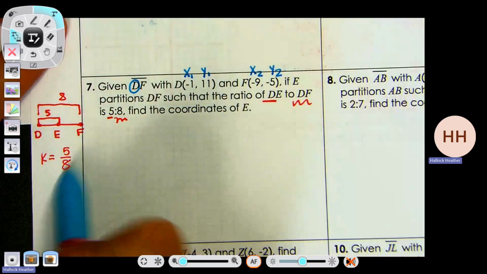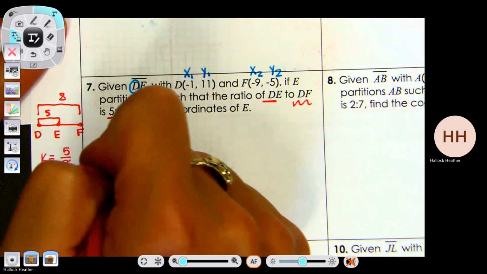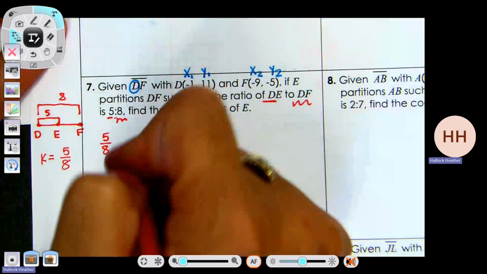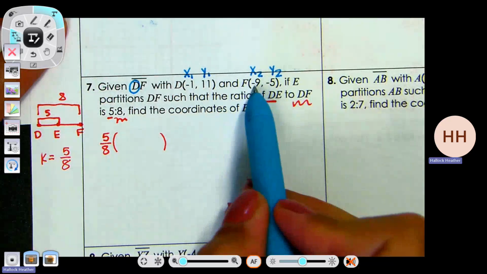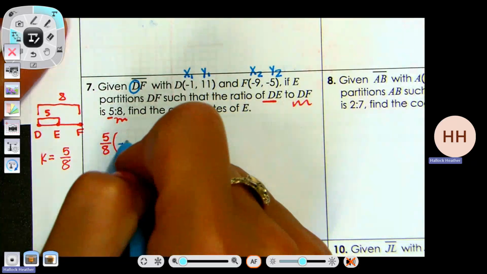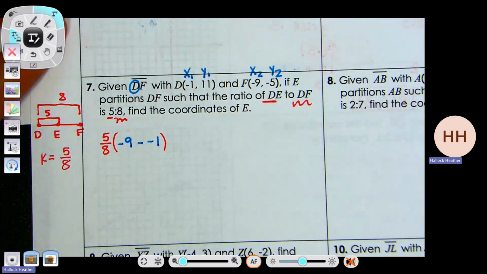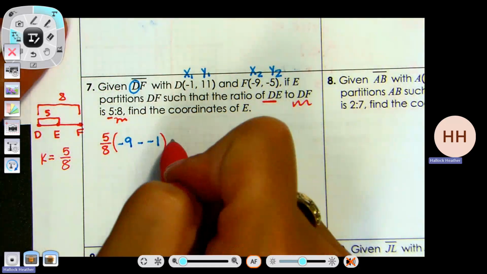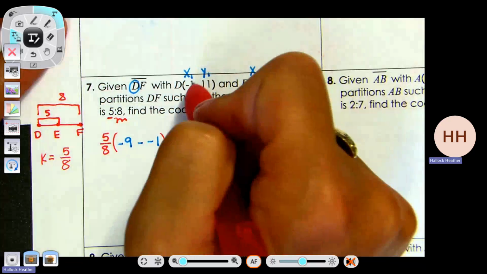So the first thing is I'm going to take my K, which is 5/8. And I am multiplying by the X's subtracted. So I'm doing X2 minus X1. So I have -9 minus -1. When you're subtracting a negative, what are you actually doing? Plus. Yes, so put a plus sign if you understand that. And then I need to add in the back where I started. Where did I start? At -1.